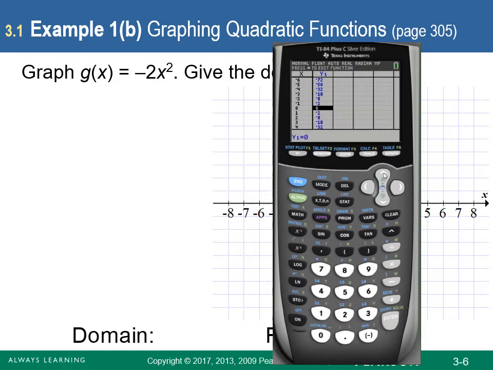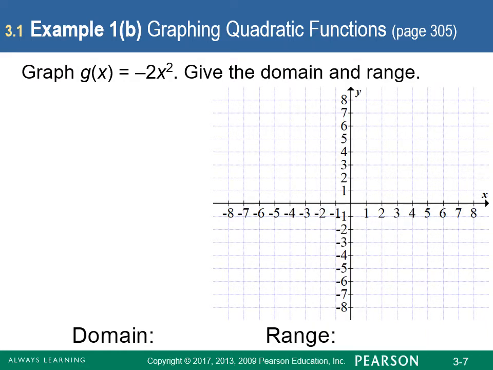And so we can construct a hand-drawn graph from some of these points with the vertex at 0, 0. So from what I just did on my calculator, I know that there's a dot here at 0, 0, the vertex. There's also a dot at 1, negative 2, and at 2, negative 8.